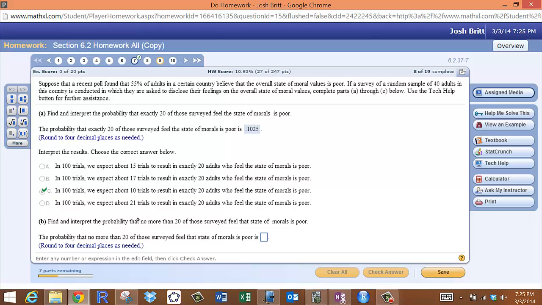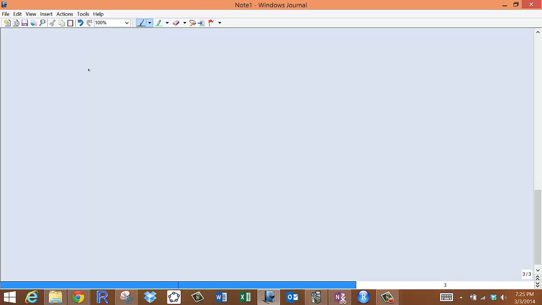Okay, no more than 20. So here we're looking at the probability that x is less than or equal to 20. X less than or equal to 20 is another way of saying no more than 20.